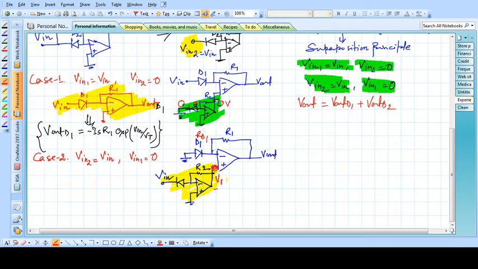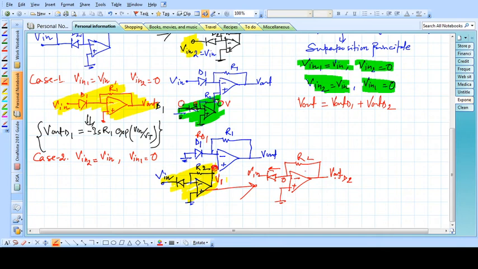So just think about this op-amp. Minus plus, R2, this say V output D2, something like that. So this voltage is R2, and this one is V in, this voltage is 0, so the current will become opposite.